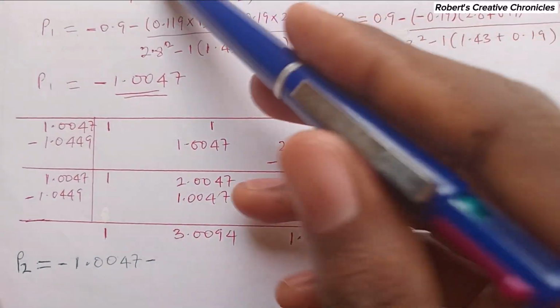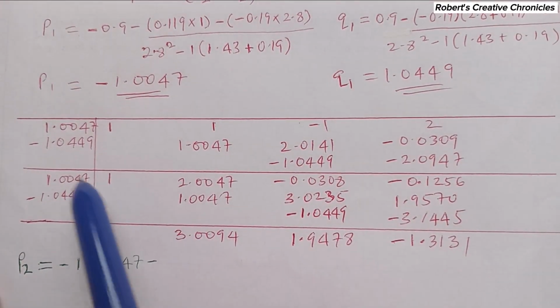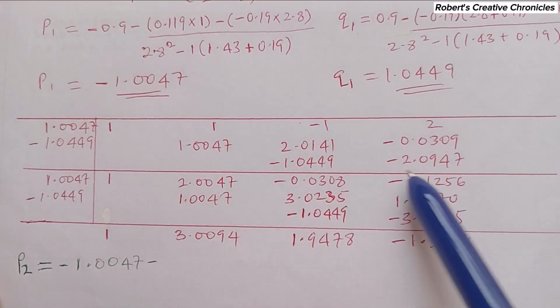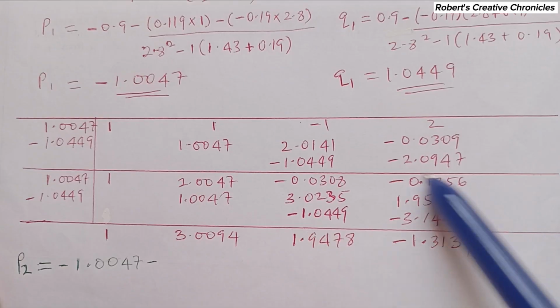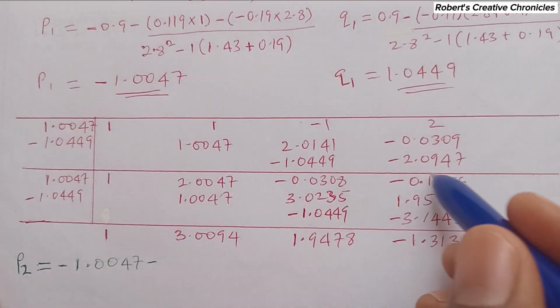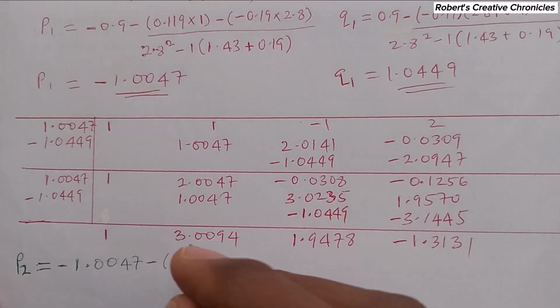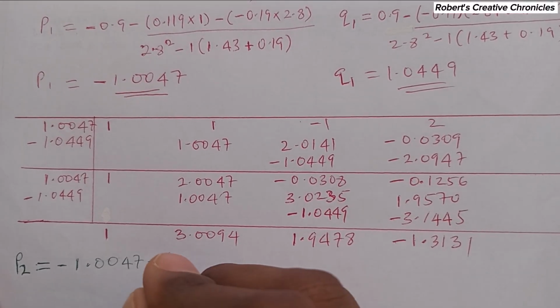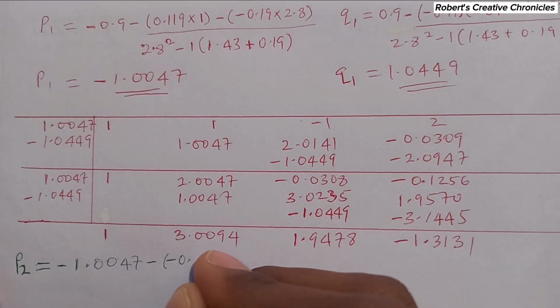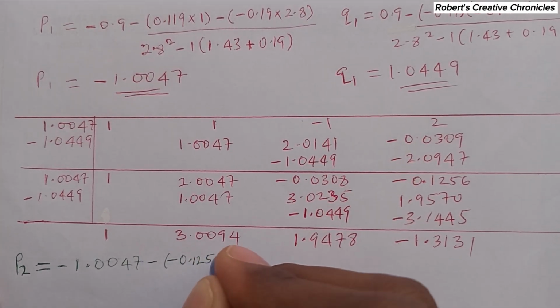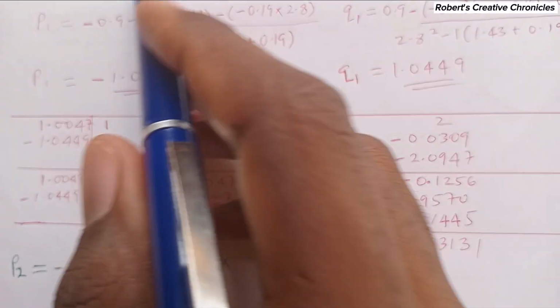So what is B3 here? B naught, B1, B2, B3. This is B3. So it will be negative 0.1256 times B2 times C naught.